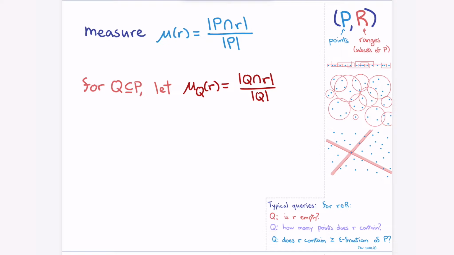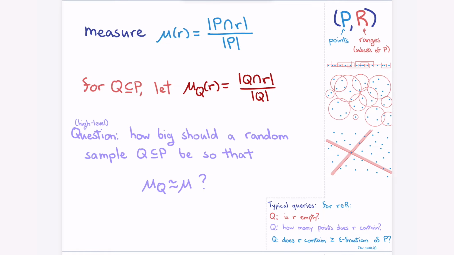What fraction of the points in Q does this circle cover? Simple enough. So the basic question we're going to be looking at today is how big a random sample do I need to take of my point set so that this sample gives a pretty good approximation to the original cardinalities and measures.